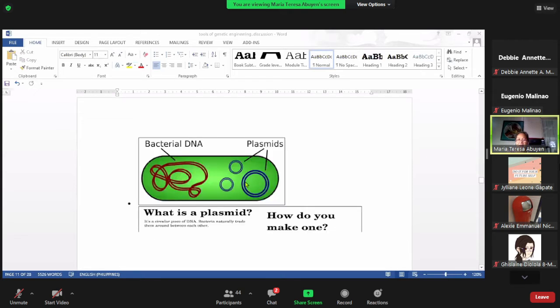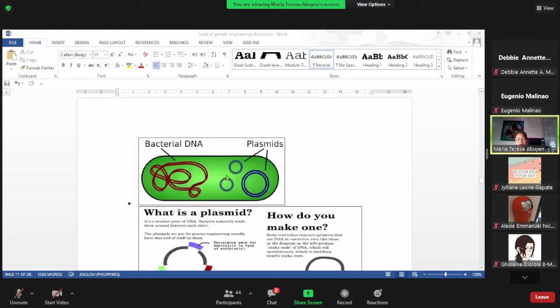We'll go back to this illustration. So, in genetic engineering, they don't use the bacterial DNA, but the plasmid. Iniya nga plasmid, di ba? Circular DNA inihiya. It-aan nga DNA mas guti as compared to the bacterial DNA.